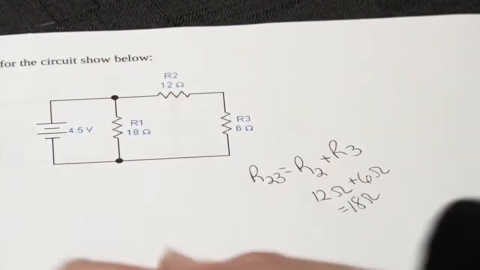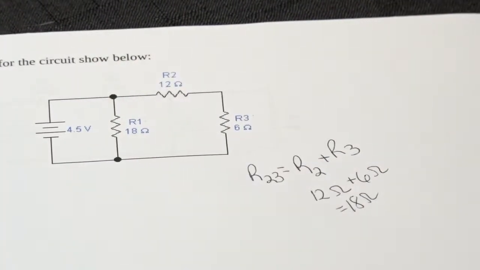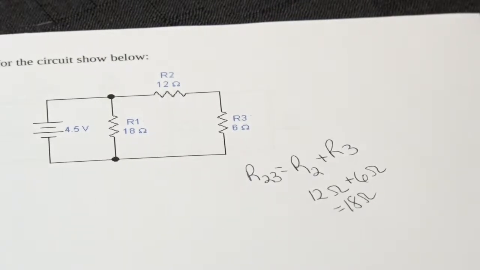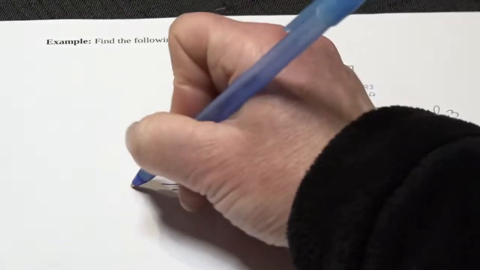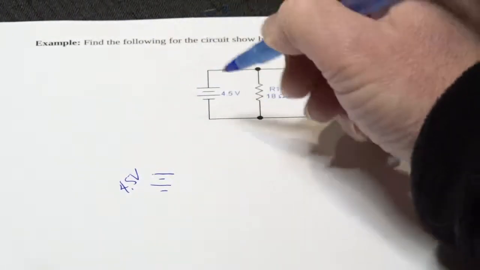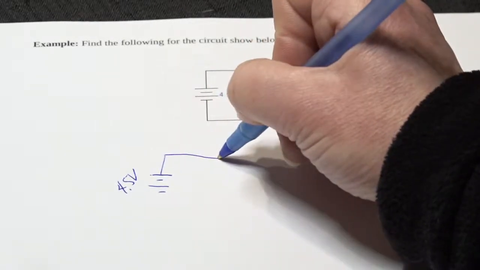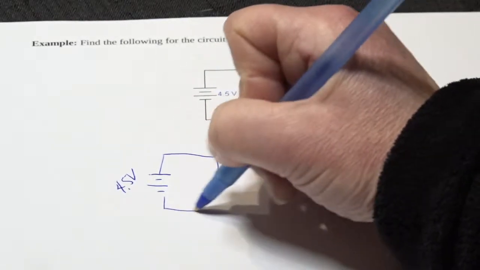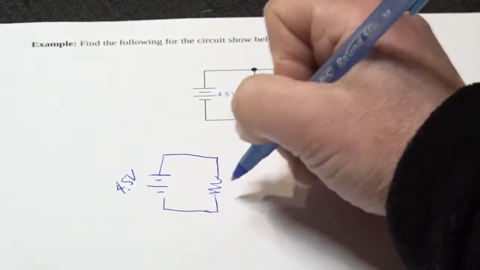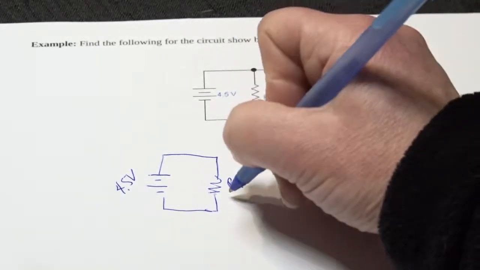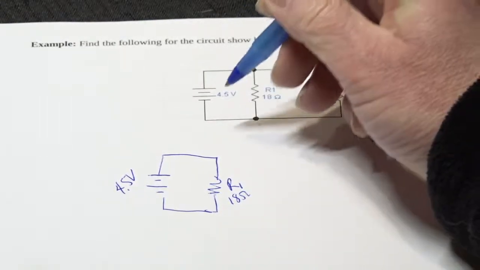So instead of trying to analyze everything here and remember how I got there, I'm going to say, okay, I'm going to redraw this, and I'm going to say, all right, we've got a 4.5 volt voltage source. We still have R1 sitting here. So R1 is still 18 ohms.